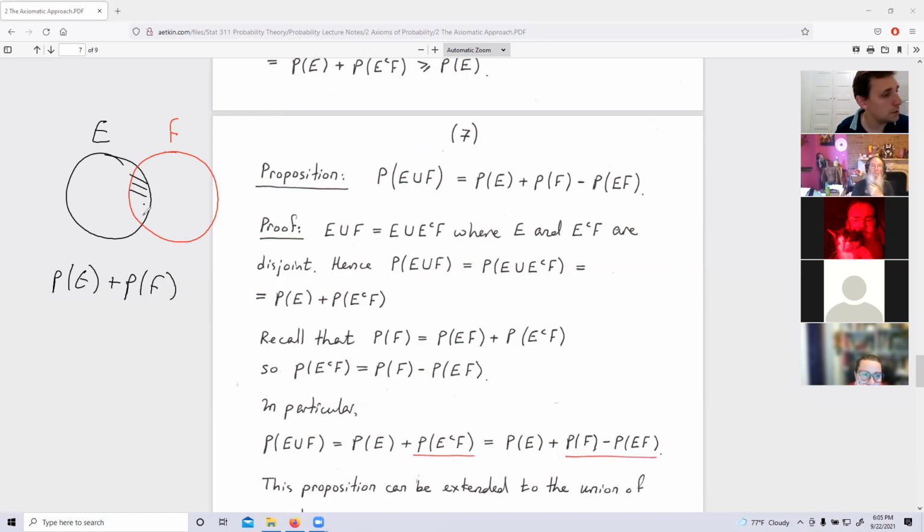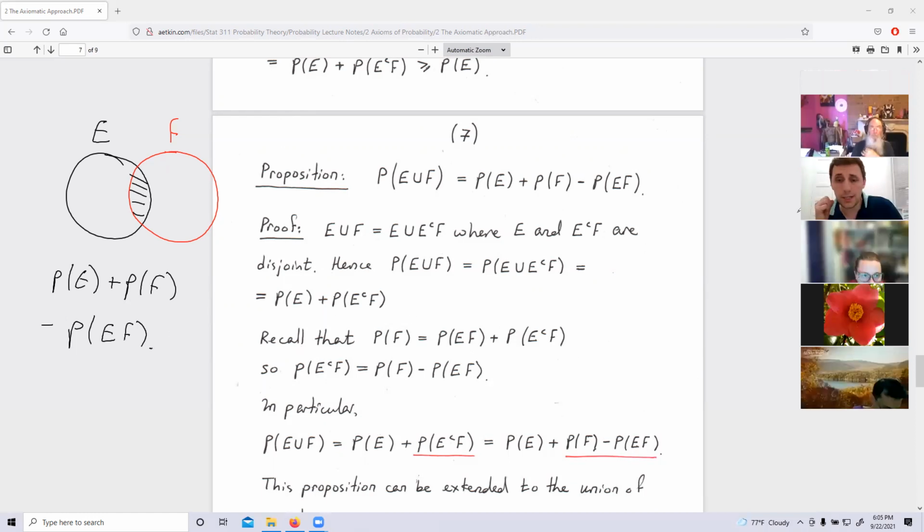I counted the middle region twice, right? For the probability of E, I used that intersection, and for the probability of F, I used that intersection. So I need to remove one use of the intersection. And this is a Venn diagram illustration of why that must be the case.